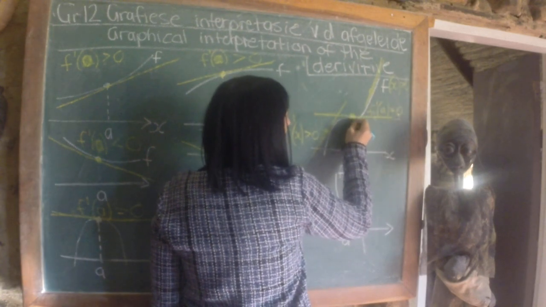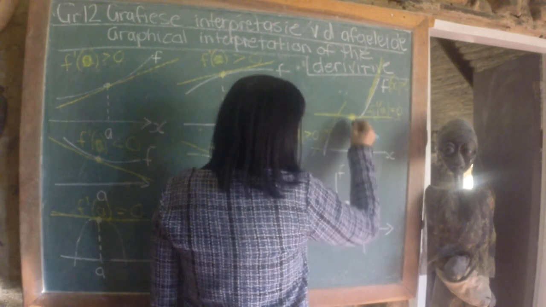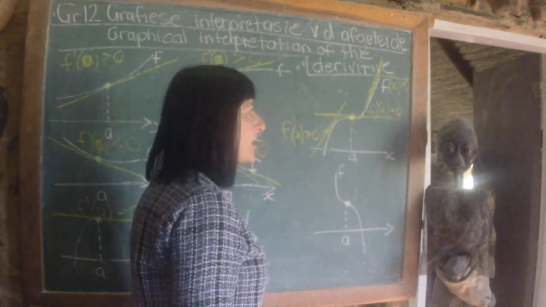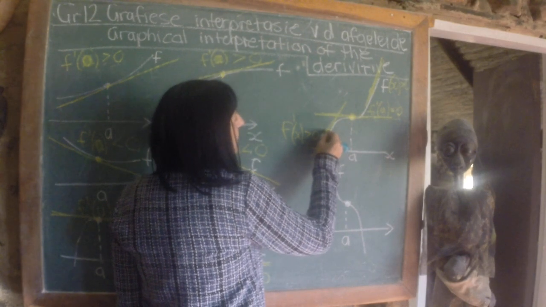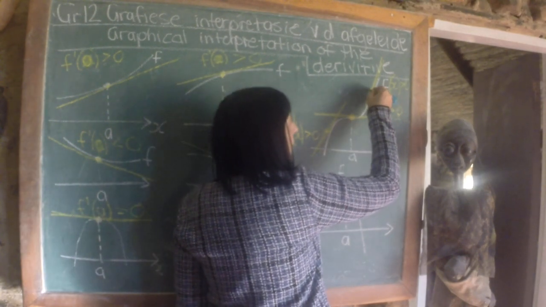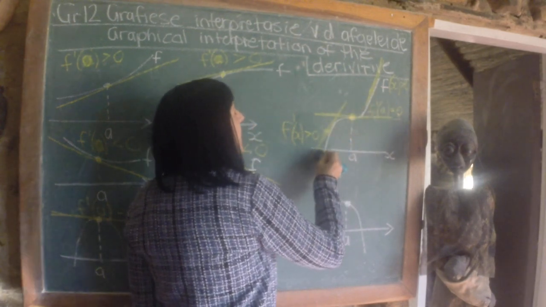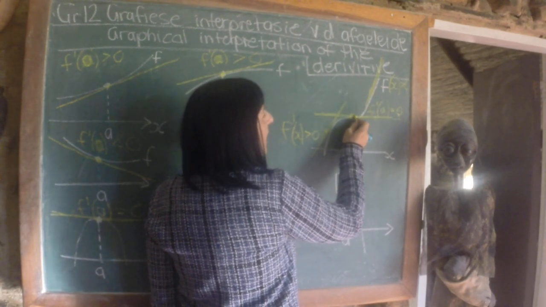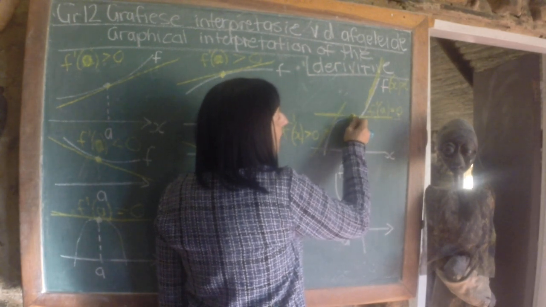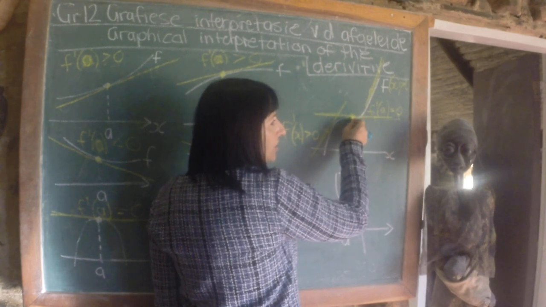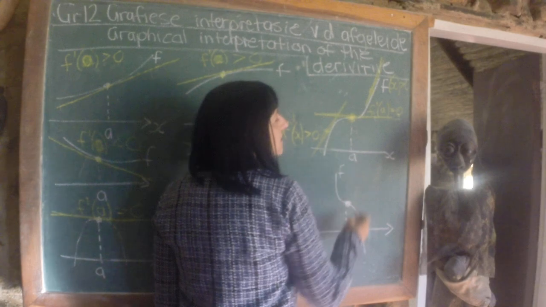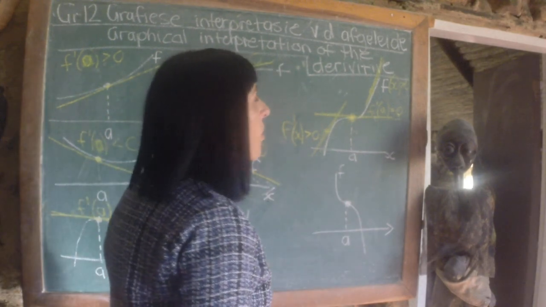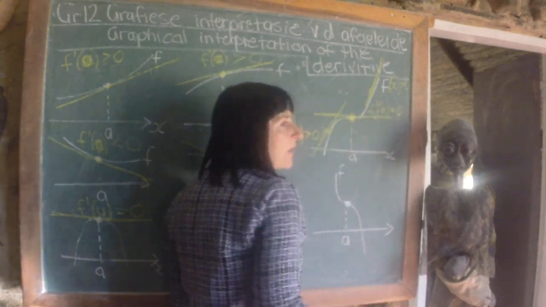But at this point, the derivative at point A is going to equal 0. So wanneer ek 'n toets doen en hier my afgeleide kry en daar my afgeleide kry, en ek sien my funksie styg, en na hierdie stasionêre punt, stationary point is where there's a turning point or where the derivative equals 0.